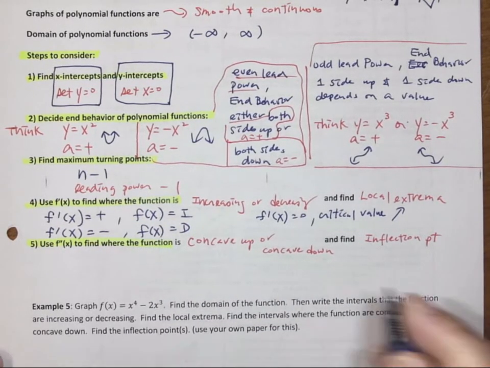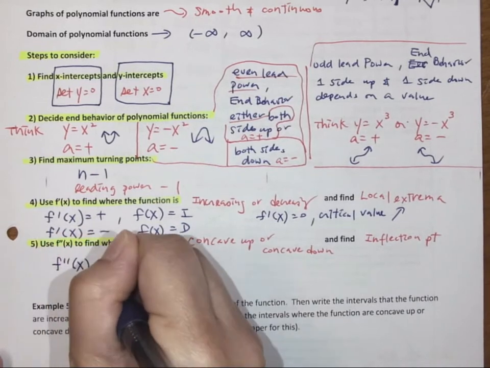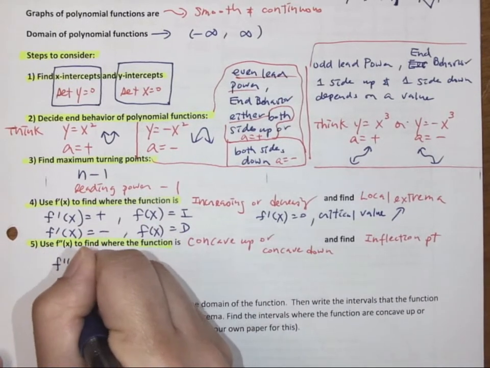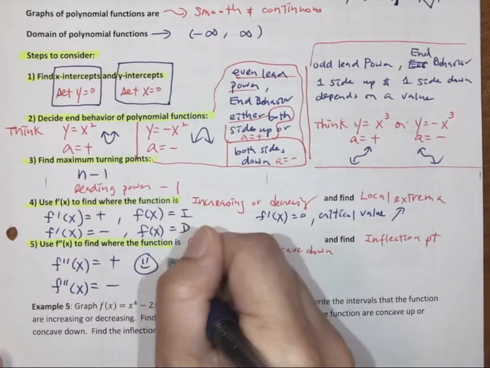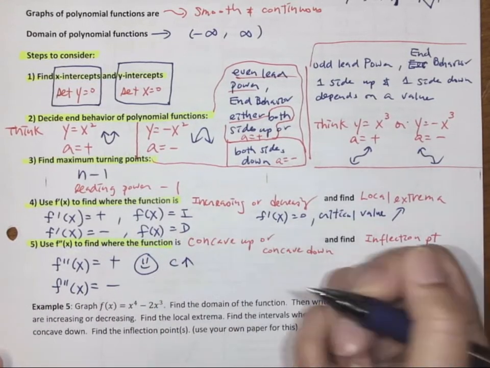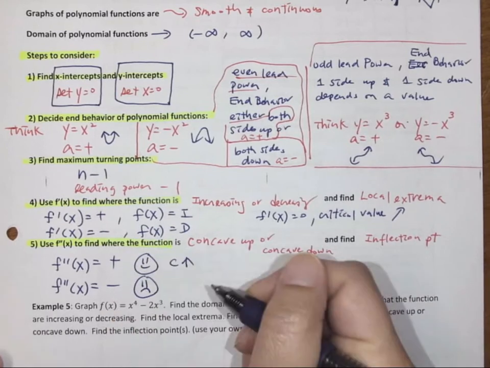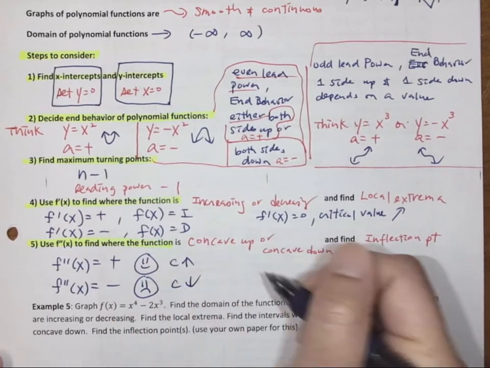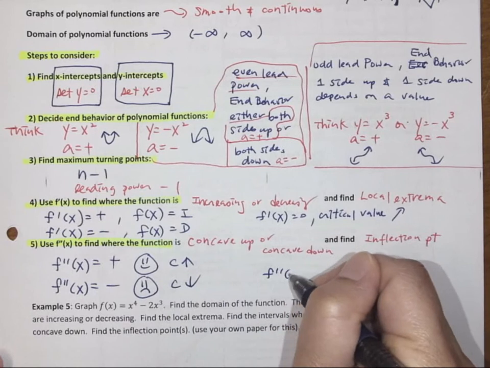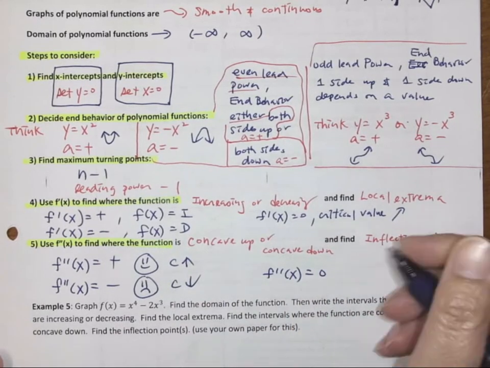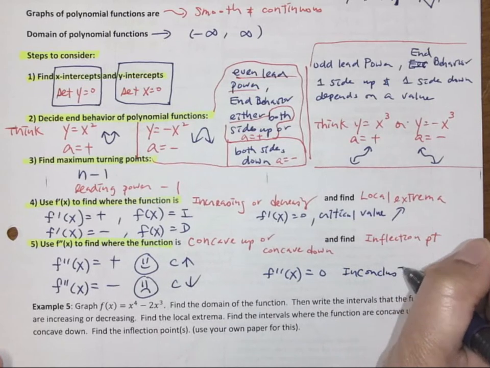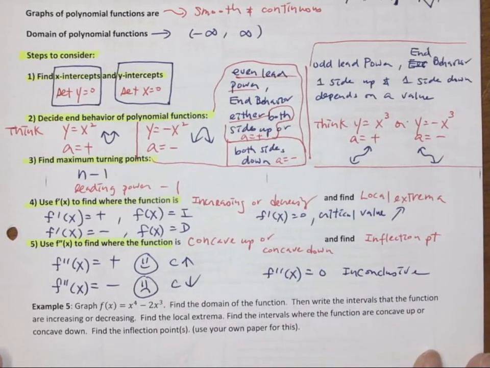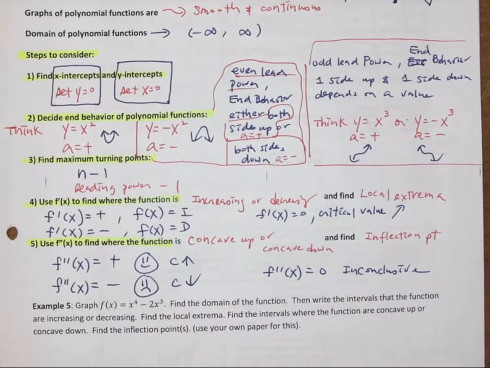The second derivative, if you have positive or negative: positive looks like a happy person, concave up. Negative looks like a frowny face, sad person, so concave down. If you have the second derivative equal to 0, then it is inconclusive. All right, so this sums up a lot of information for this section.